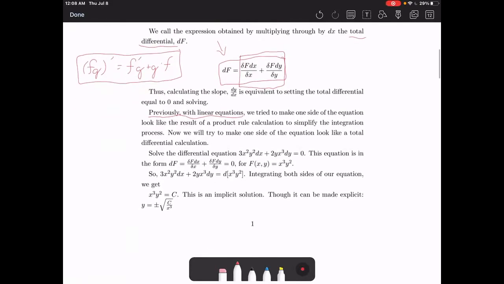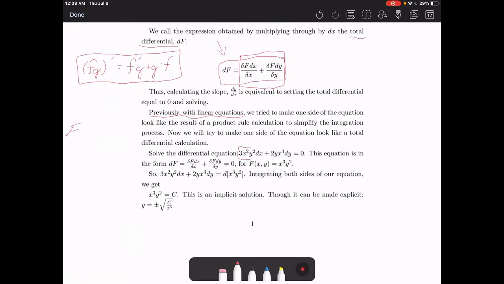So let's use this to solve the differential equation 3x squared y squared dx plus 2yx cubed dy is equal to 0. So this equation is in the form of a total differential where f is equal to x cubed y squared. So we can actually check that.